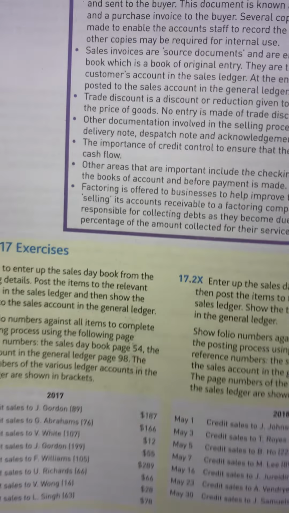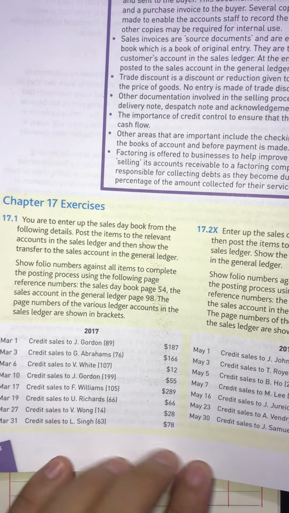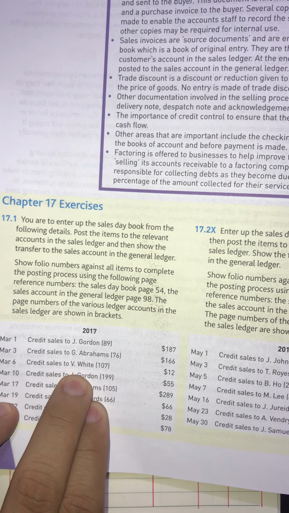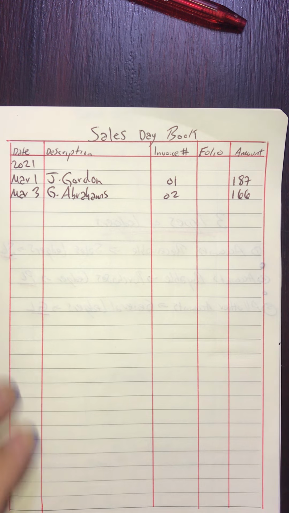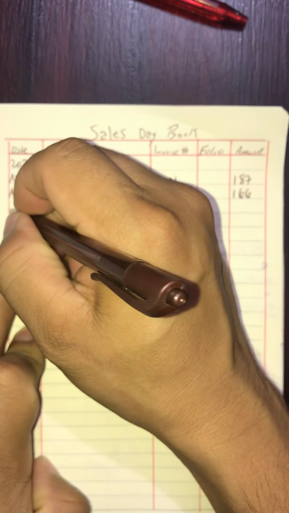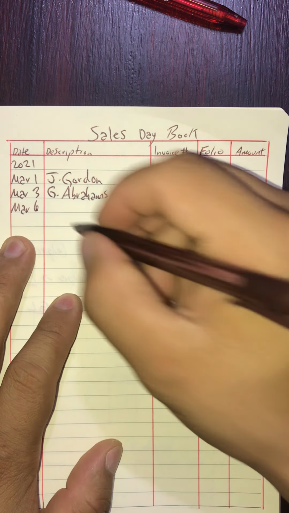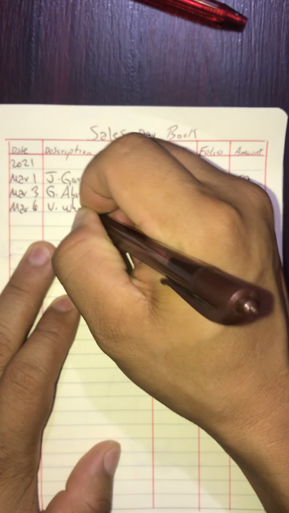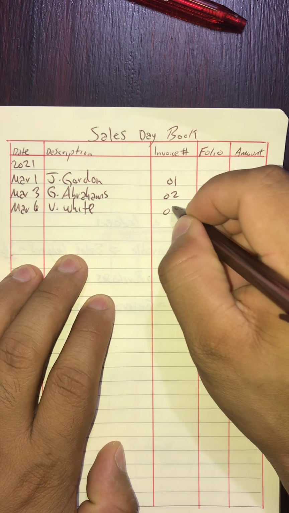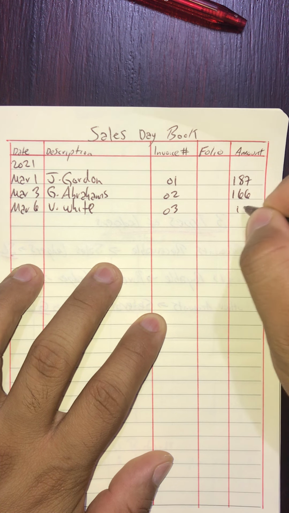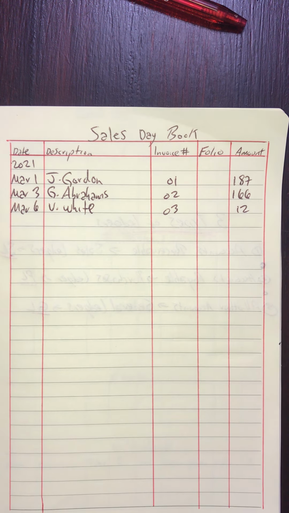The following transaction is no more difficult than the one we just did. March 6, credit sales to V. White, $12. So we go ahead. March 6th, we sold to V. White, invoice number 03, amount $12.